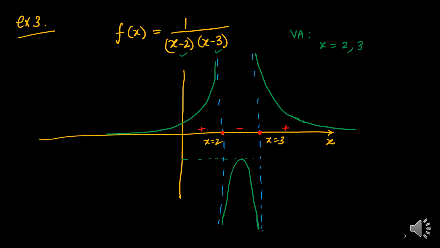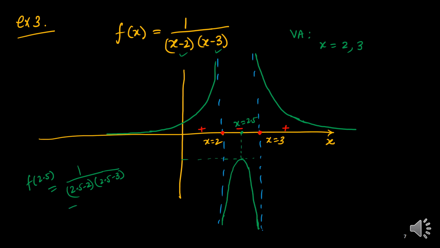As it is a symmetrical part, so this is exactly symmetrical, I can expect that this maxima we can have at the middle, means x equals 2.5. Okay, so you can find out the value. You can put f of 2.5. So what is f of 2.5? So it will be 1 upon (2.5 minus 2) times (2.5 minus 3).